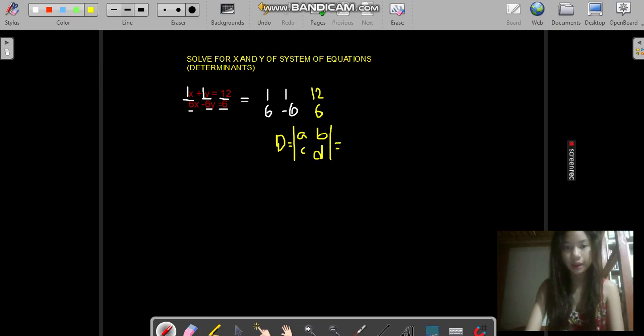We just need to multiply a and d, and c and b. So we need to subtract both of them at the same time, like a times d, minus b and c.